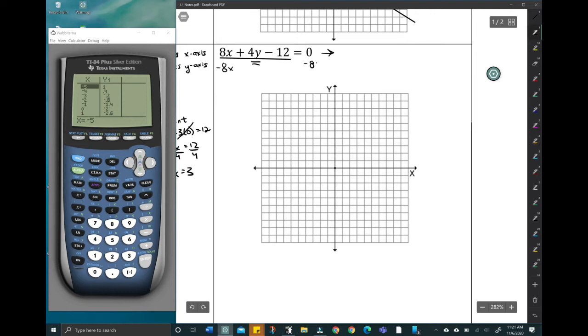So that means I have 4y minus 12 is equal to -8x. And then I would add 12 over. So 4y is equal to -8x plus 12, and divide by 4. And hopefully it comes out to be nice. Sometimes it might not, which means you might be better off using the table method. So you should be well versed in both.